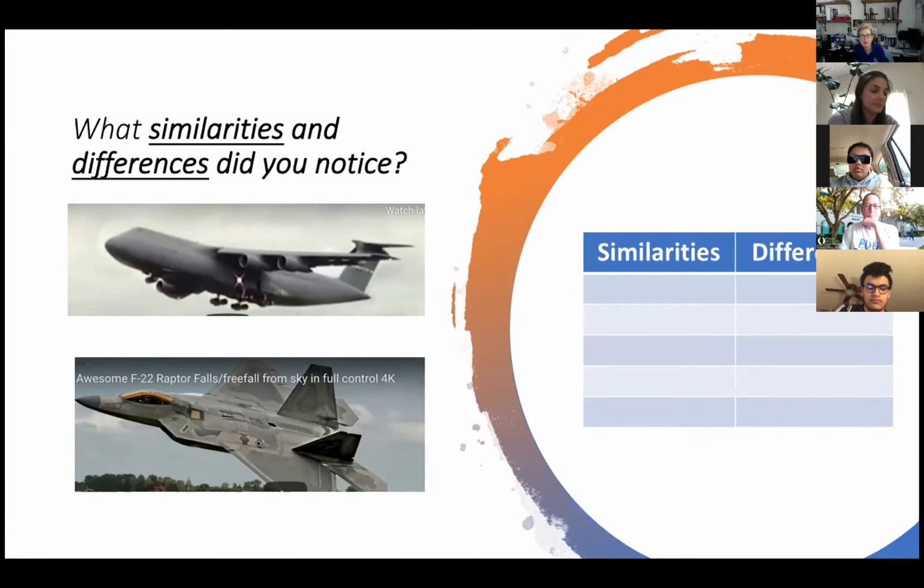I'm going to be quiet and let you think about the similarities and differences between the two planes. I'll give you about 3 minutes to write down any similarities and differences that you notice. And we are going to talk about this. I'm not going to tell you similarities and differences. So think about that. And you can add to what has already been said about the two planes.